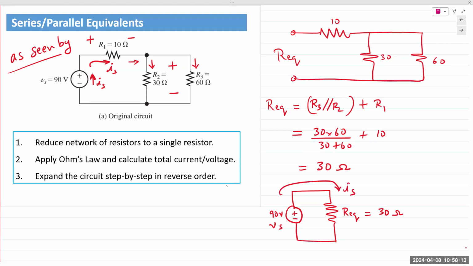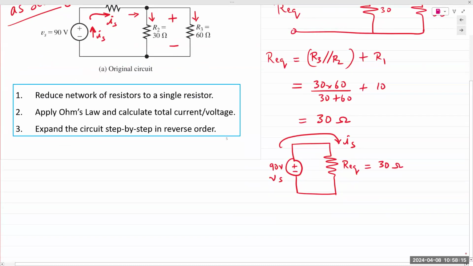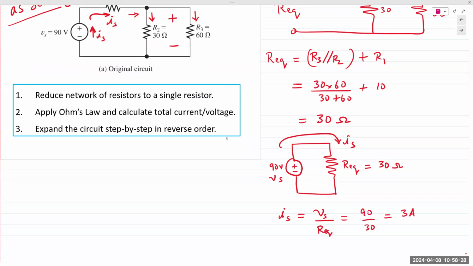So current IS is VS over Req from Ohm's law. And so it's 90 divided by 30 gives me 3 amps. Let me draw another. So now that we reduced it down to one single resistance, we found the current. We expanded back up again in the same exact reverse order.